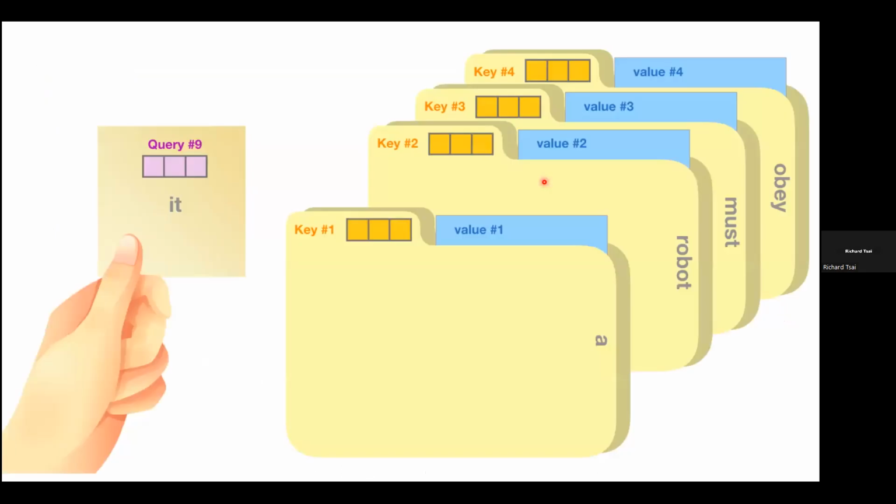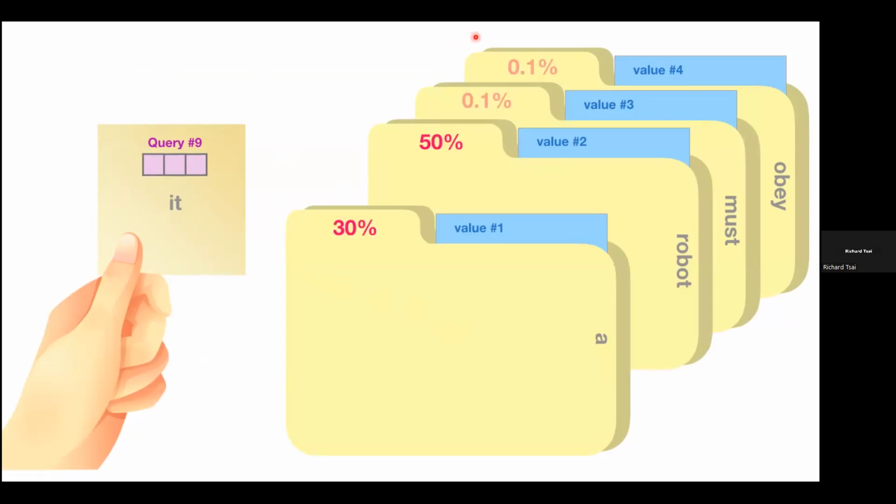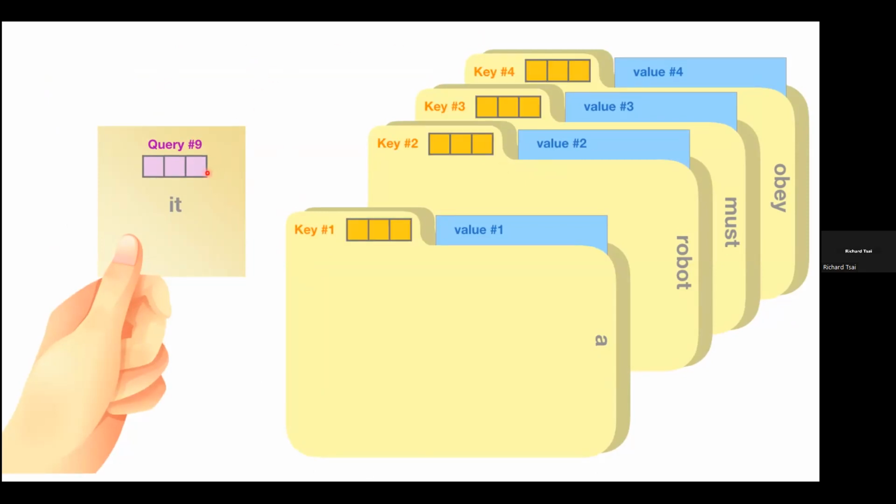Recall the self-attention involves a simple concept. For each token, we calculate its score by multiplying its query with its corresponding key. So we can multiply it with A's key, and then we can get its weight or score.